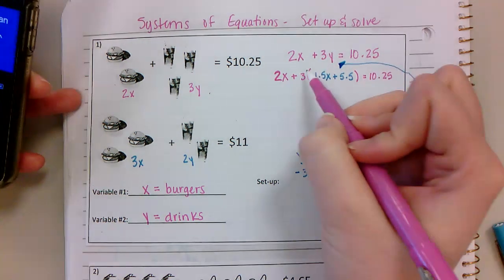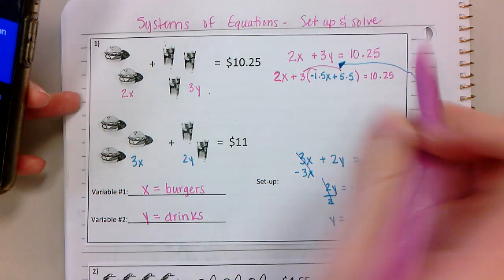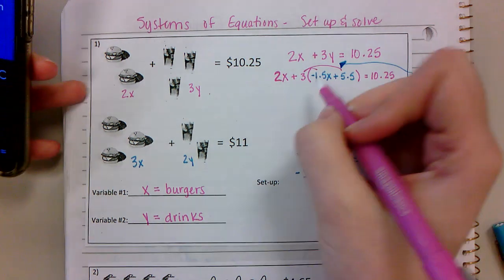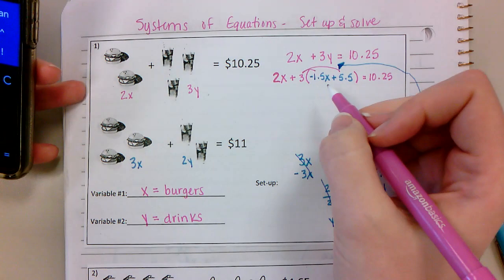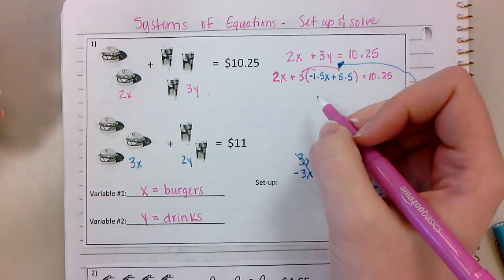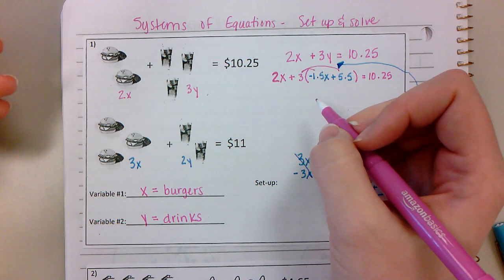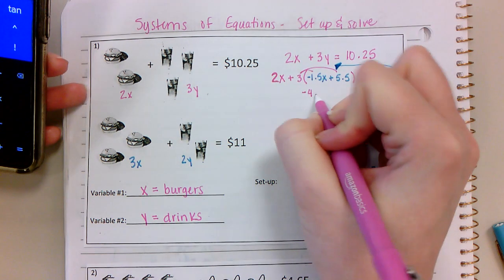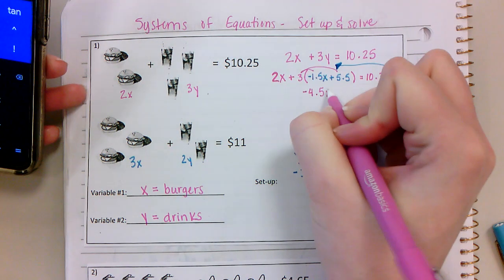And at this point, you will just distribute, simplify, and start moving everything away from your x value. So 3 times negative 1.5, let's plug that into our calculator, is negative 4.5. Keep the x with it.